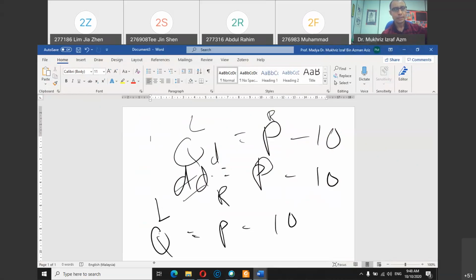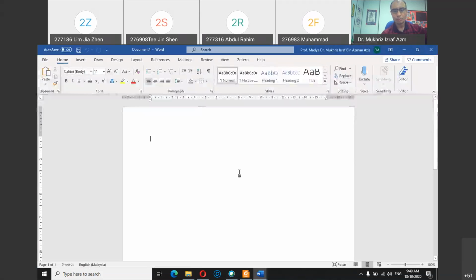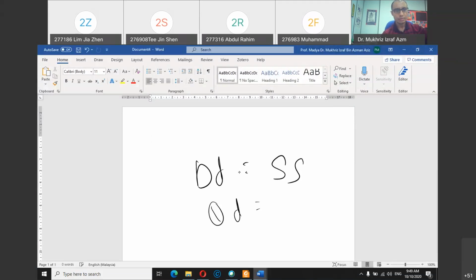Okay, so if you recall in economics, what is the formula for equilibrium? Normally we say that demand is equal to supply, or QD equals QS. Then you can calculate the equilibrium quantity and price. So it's always in terms of quantity. The quantity demanded equals the quantity supplied.